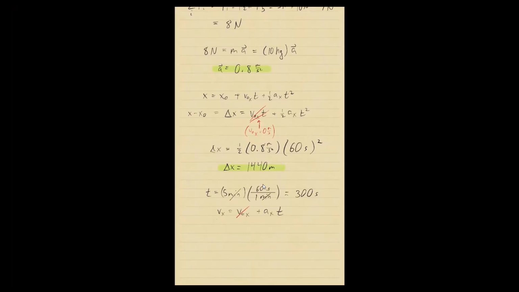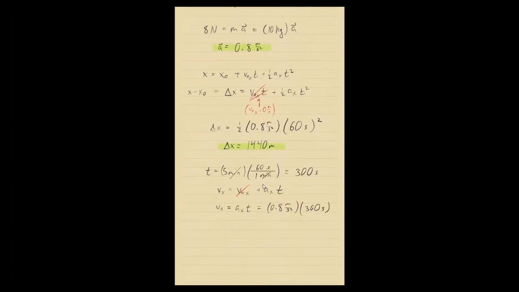And so our final velocity in the x direction is equal to our acceleration times time. But in this case, it's just going to be 0.8 meters per second squared times 300 seconds. So after 5 minutes, we get a final velocity in the x direction of 240 meters per second.